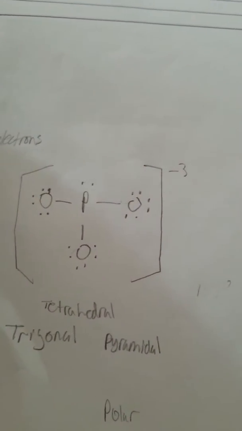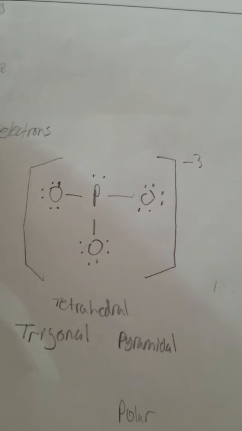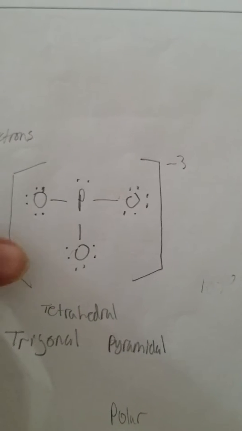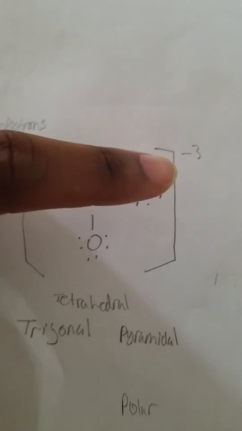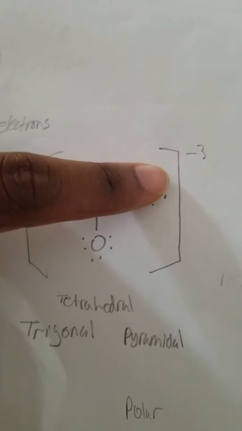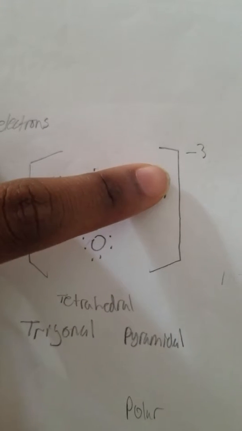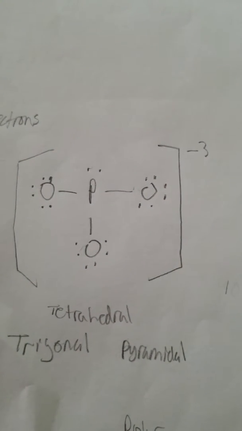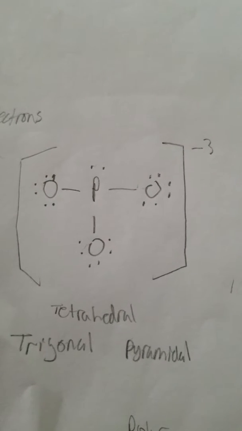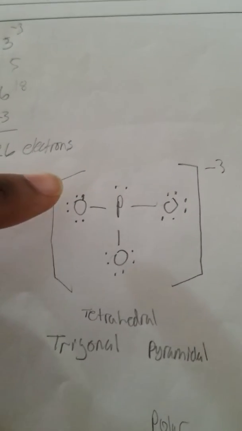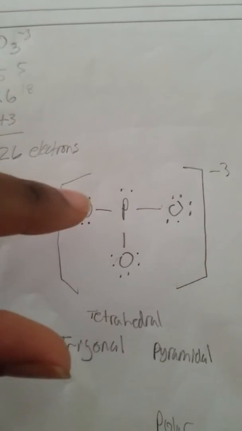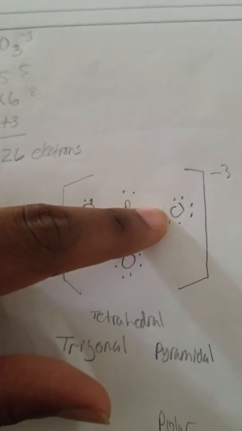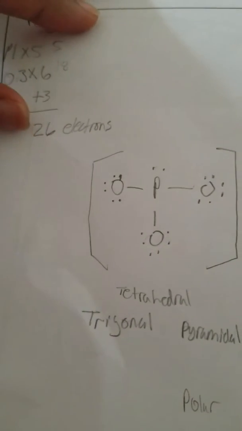Once you figure out the number of electrons, you construct the Lewis structure. P is going to be in the center, and then you're going to have 3 O's with lone pairs around it, and from here you would count your electrons: 1, 2, 3, 4, 5, 6, 6, 6, 2 up here, and then you add these right here, and that's going to give you a total of 26 electrons.